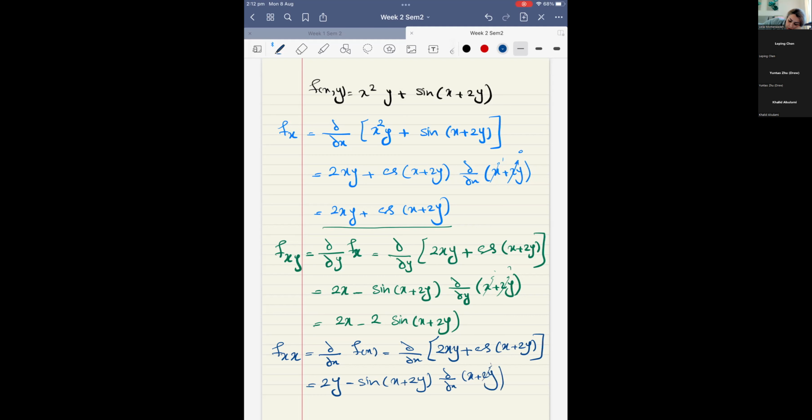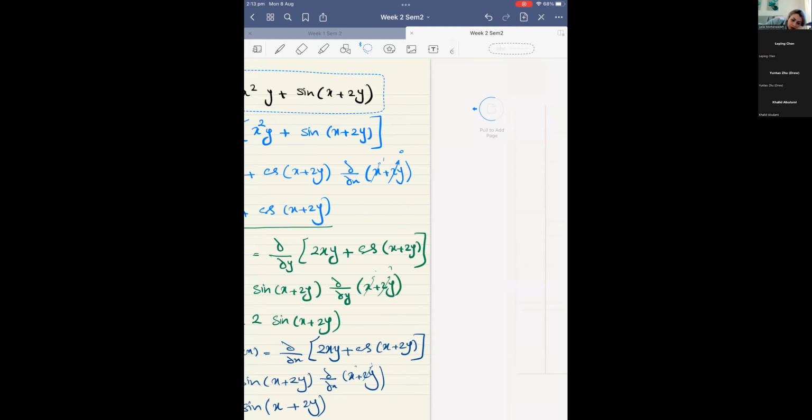Again, this one 0, this one 1, so it would be equal to 2y minus sine of x plus 2y. And if I write here, let me copy this one and paste here.